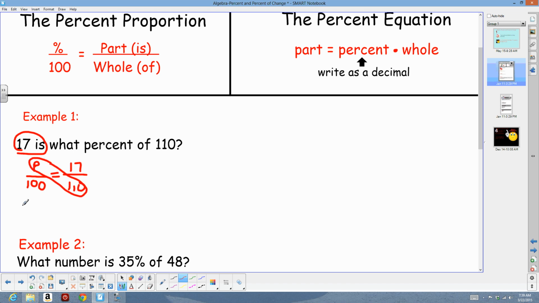So P times 110 is 110P. And then 100 times 17 is 1700. Divide both sides by 110.